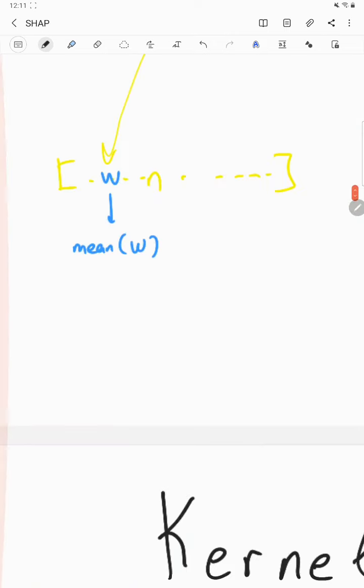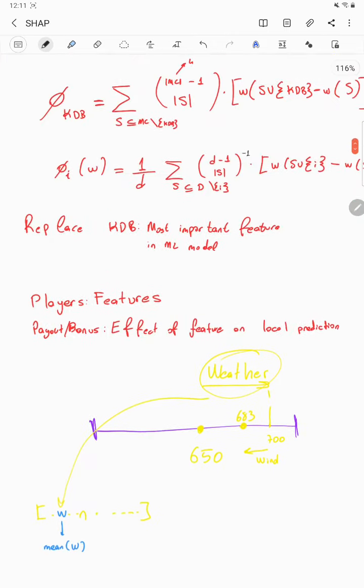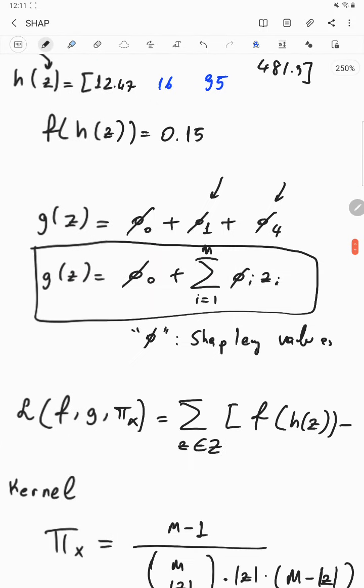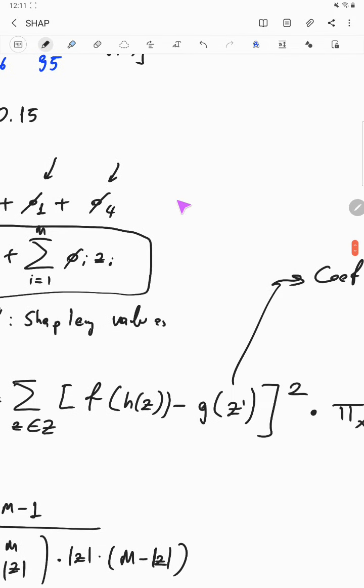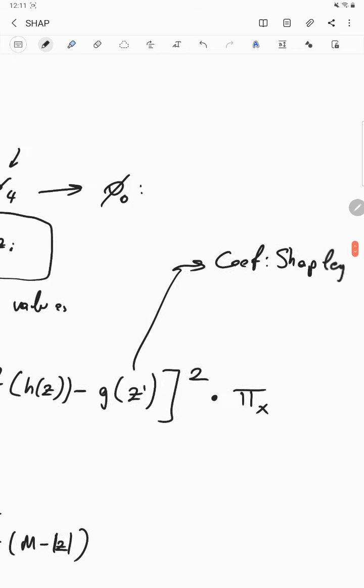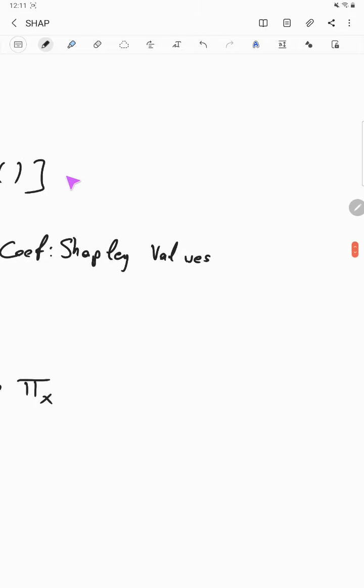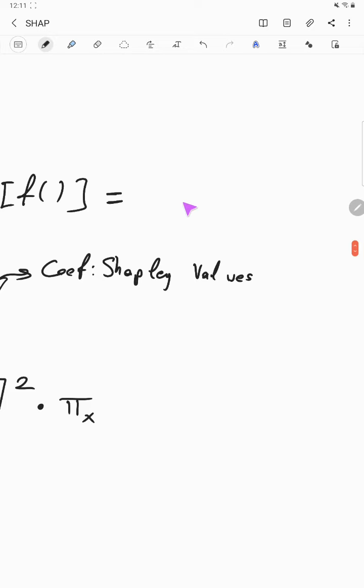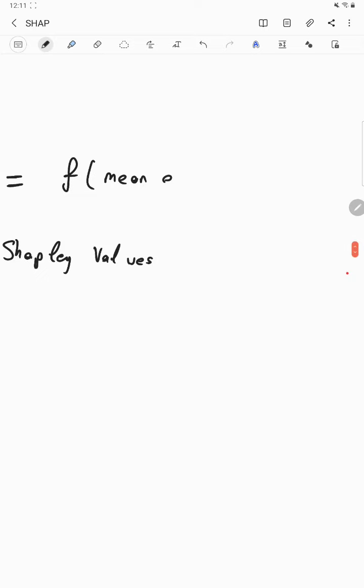And since we take the mean, as I probably talked about in the last video, no, we didn't mention that. So we have phi 0 here. This is our coefficient, right? So phi 0 is called the expectation of the model. Let me put it in a very basic way.